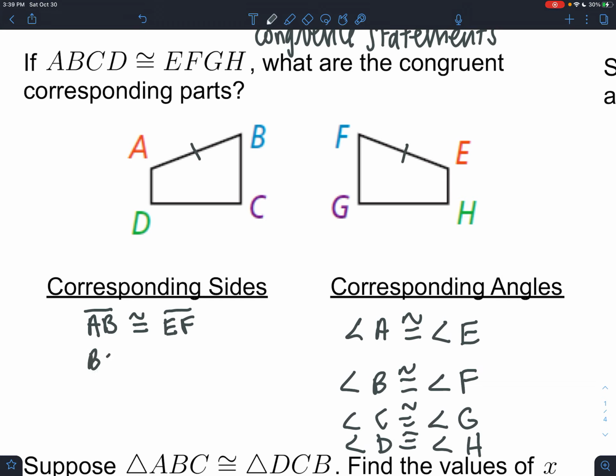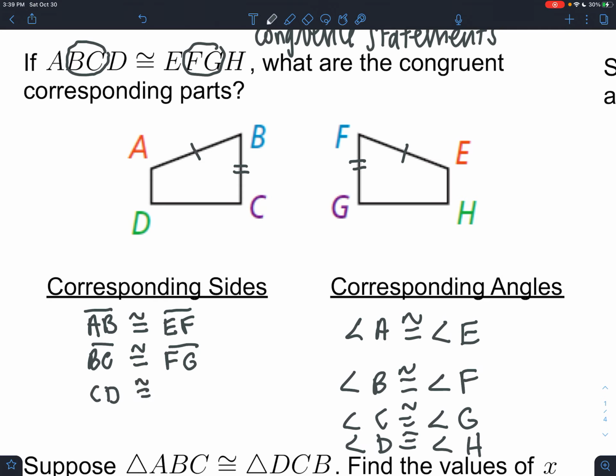So BC is congruent to what? How about FG? It's all about just going in order. These two are equal in length. The segments are congruent.